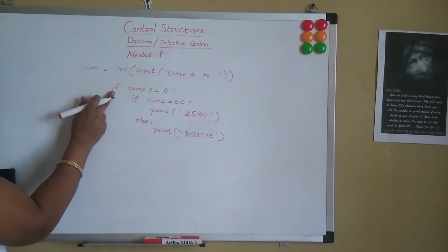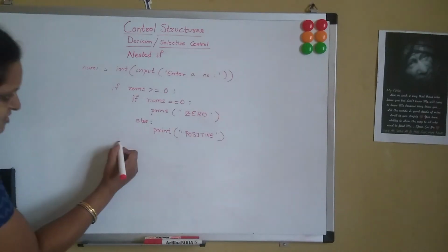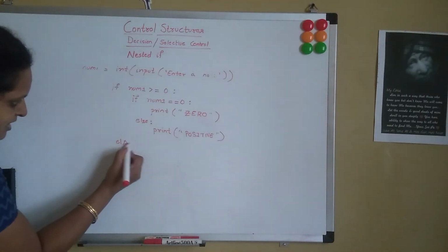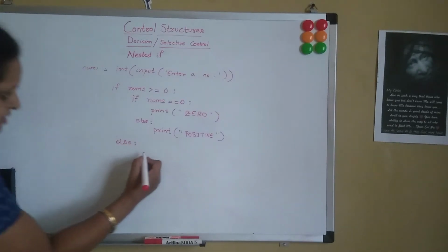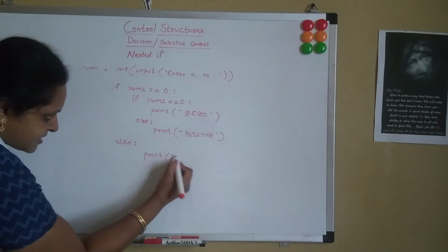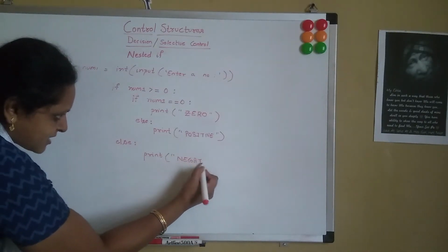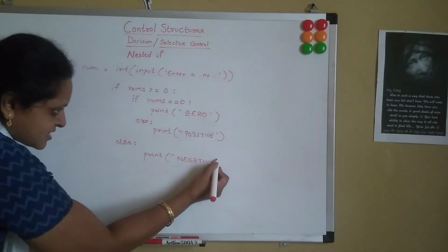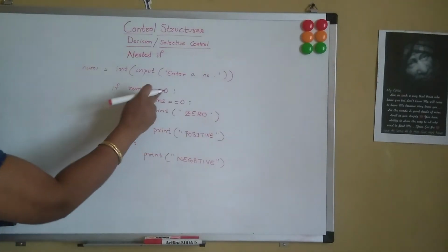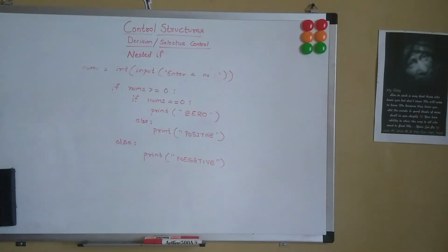If the first if fails, then we write the else of the first if: else print negative. That is, the number entered by the user is a negative number. Since it is not greater than or equal to 0, it is less than 0, so it will print negative.